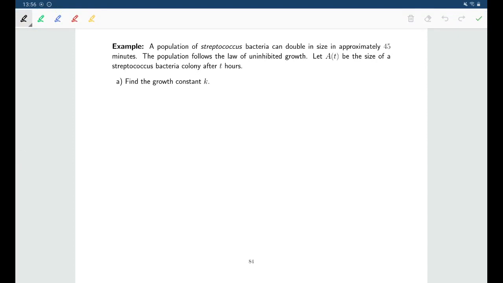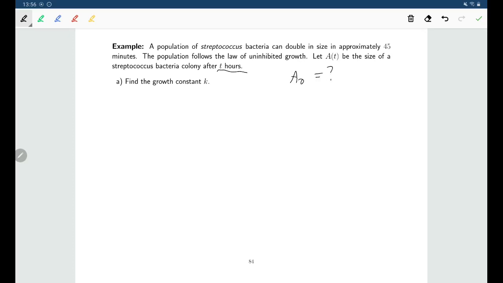And so we've got a population of these bacteria, and we're going to assume that we've got exponential growth. And A of t represents the size of this bacteria colony after t hours. So we don't know what the initial amount is. That's a mystery to us.